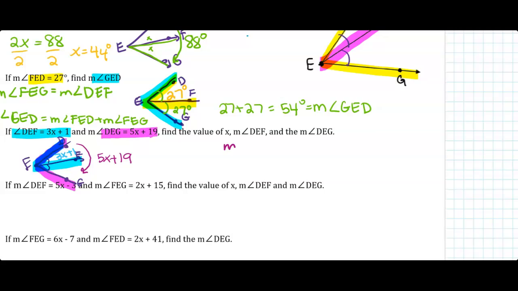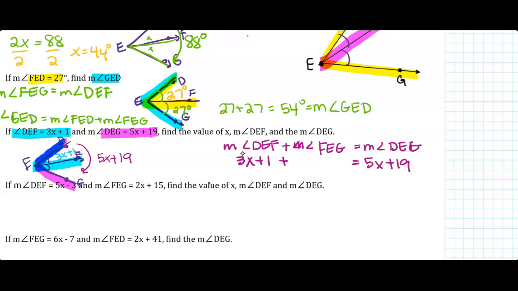So I would need to do the measure of angle DEF plus the measure of angle FEG will equal the measure of angle DEG. I know that DEF is 3x plus 1, and I know that DEG is 5x plus 19.